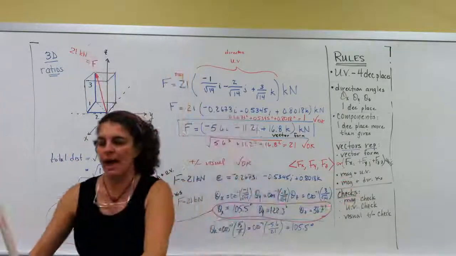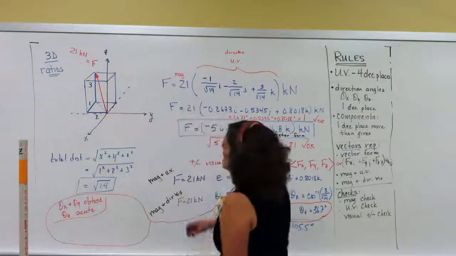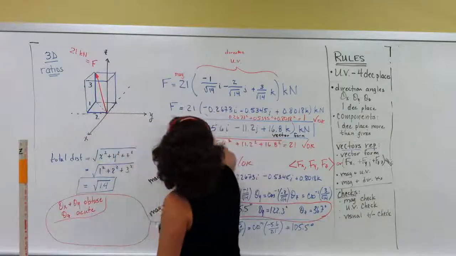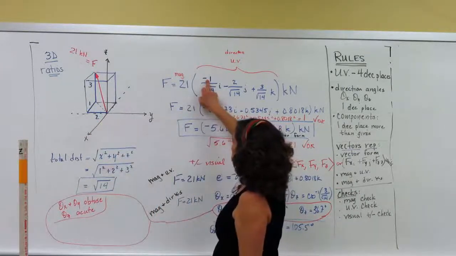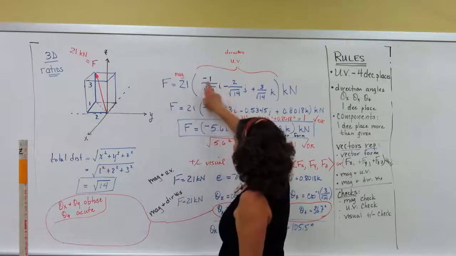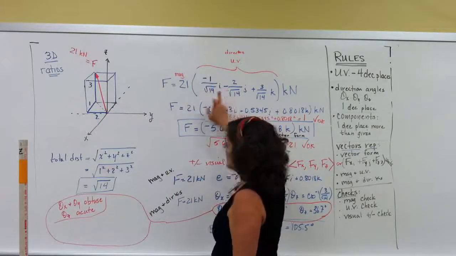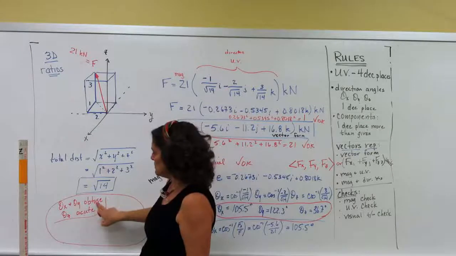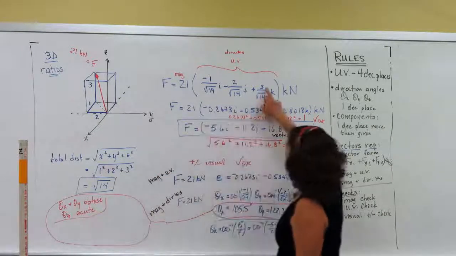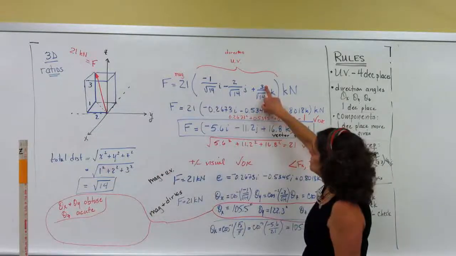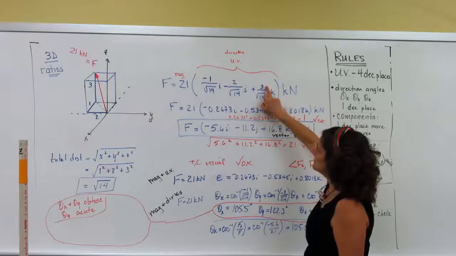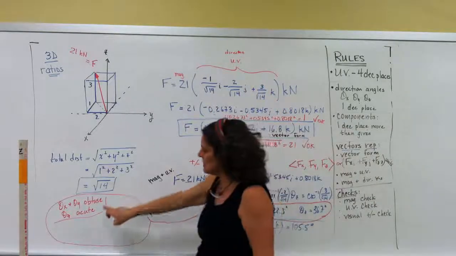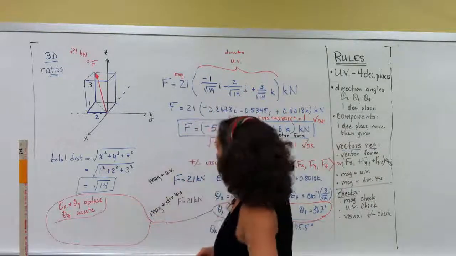So when we have a force going in a negative direction, and we did in the x and in the y, our theta is going to be obtuse. But when we have a positive value, in this case it was z, a positive value in the z is going to give me an acute angle.